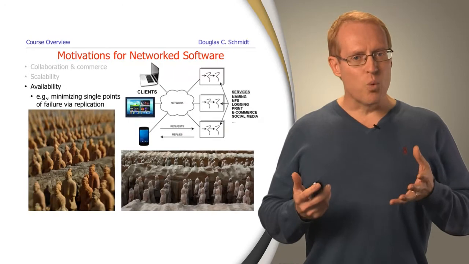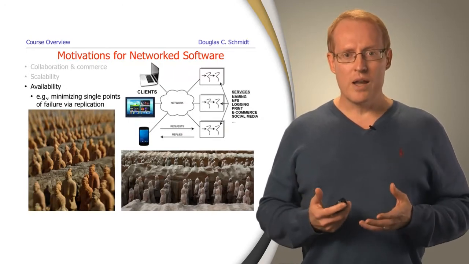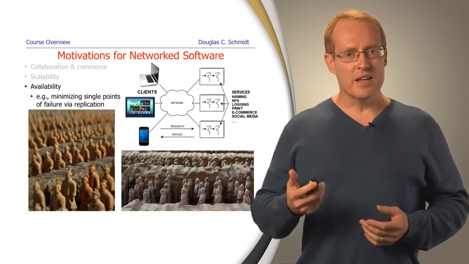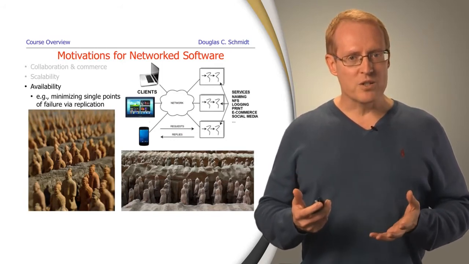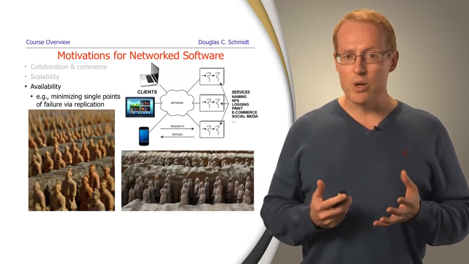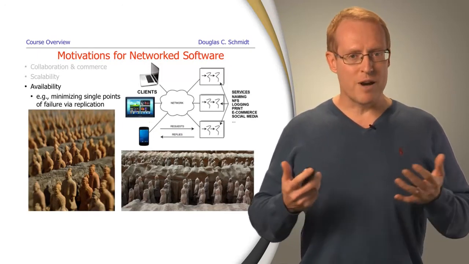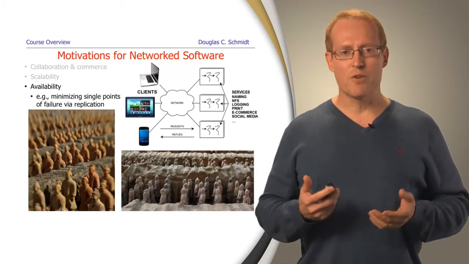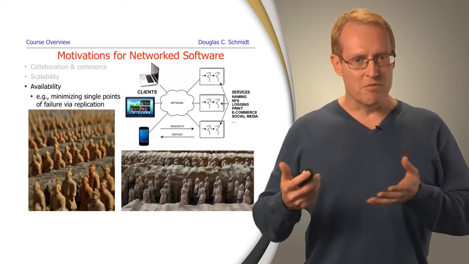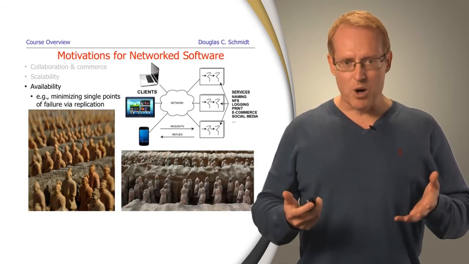If you only have one computer or one core and something goes wrong, then you're probably just out of luck. In contrast, one of the other motivations for network software is to be able to minimize these single points of failure through the use of replication in order to make the software more available. Replication allows you to have many different versions running on different parts of the system.